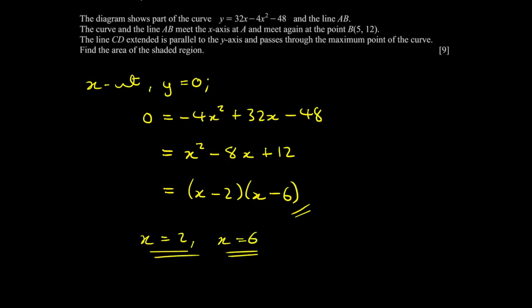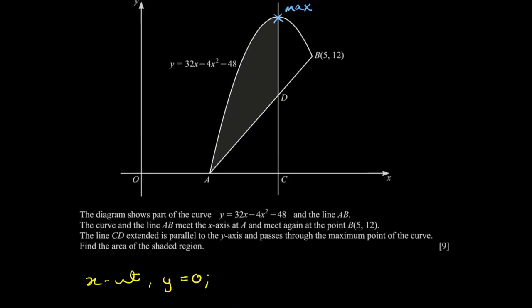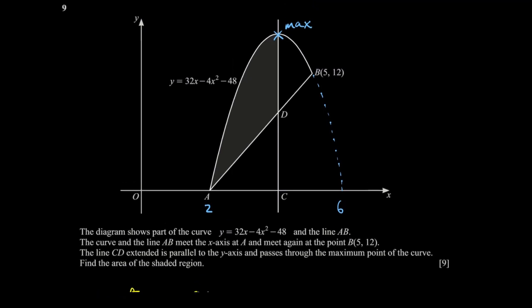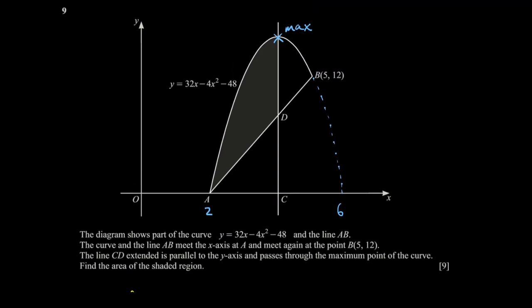Well, if we go to our graph, obviously A is going to be the coordinate where x is 2. And why have we got 6? Well, because if we imagined extending down that quadratic like that, 6 is going to be this point. Okay, that's going to be the other intercept, which also means that we can basically figure out what the maximum point is, right?